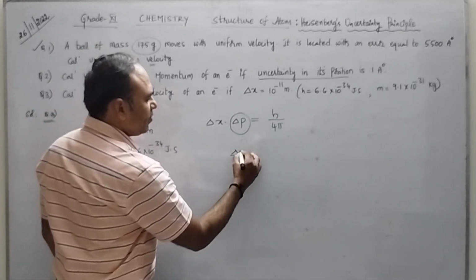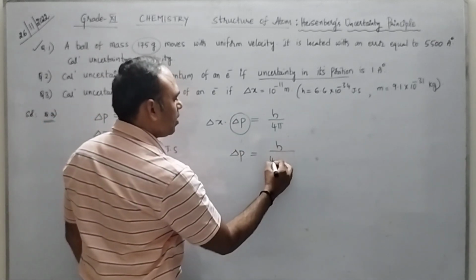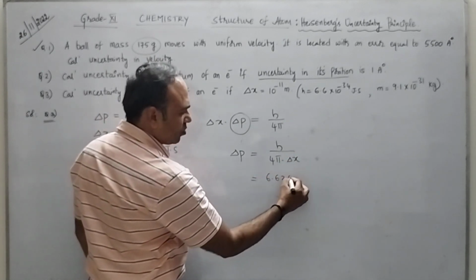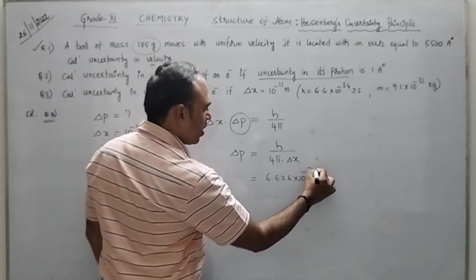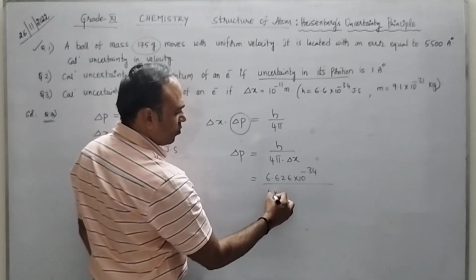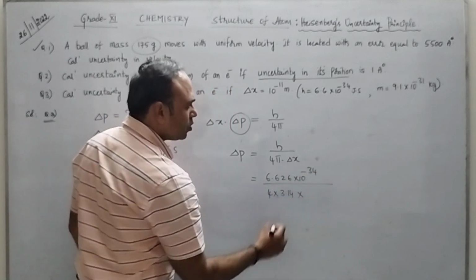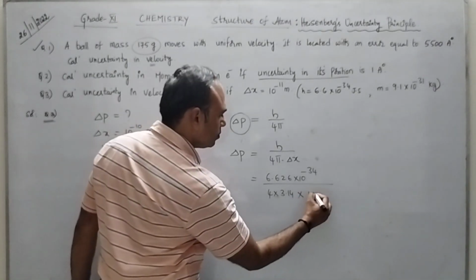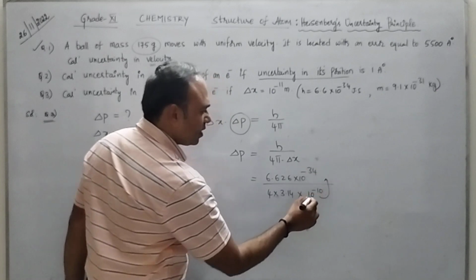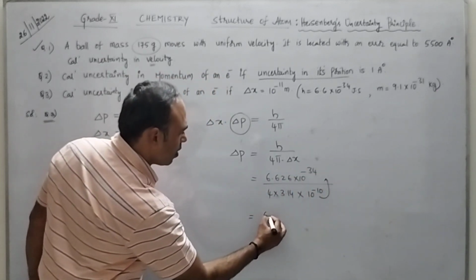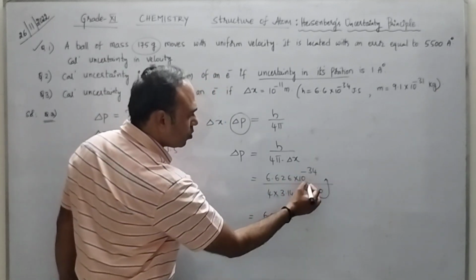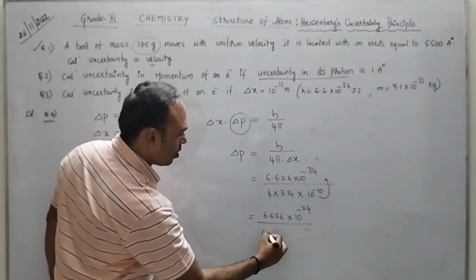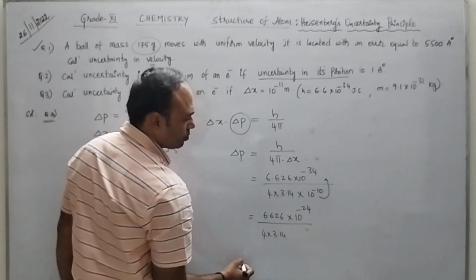So delta P we have to calculate h by 4 pi into delta x. 6.626 into 10 to the power of minus 34 divided by 4 into pi value 3.14 into, so delta x, 10 to the power of minus 10. Now this comes to numerator, becomes plus 10. 6.626 into 10 to the power of minus 24 by 4 into 3.14.